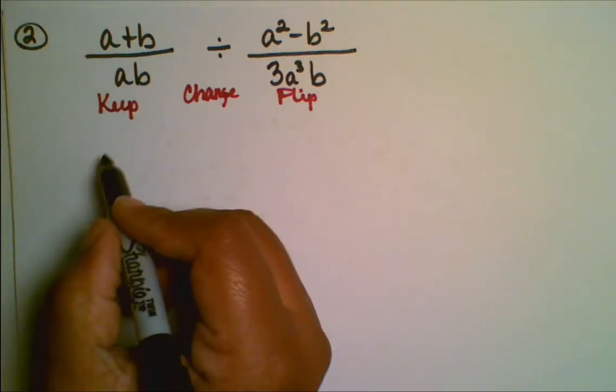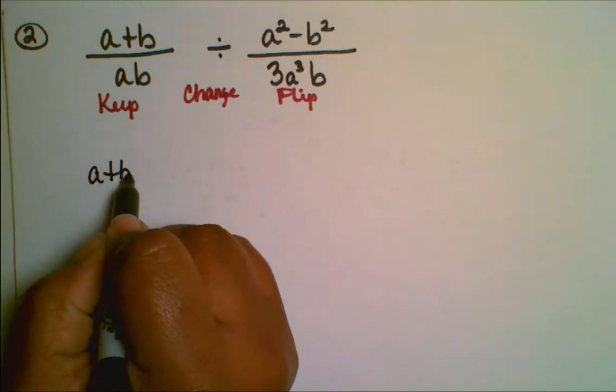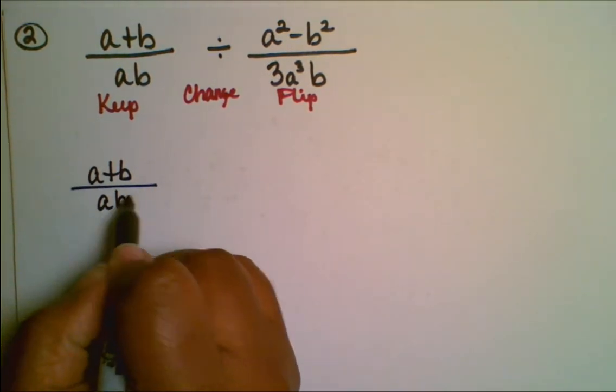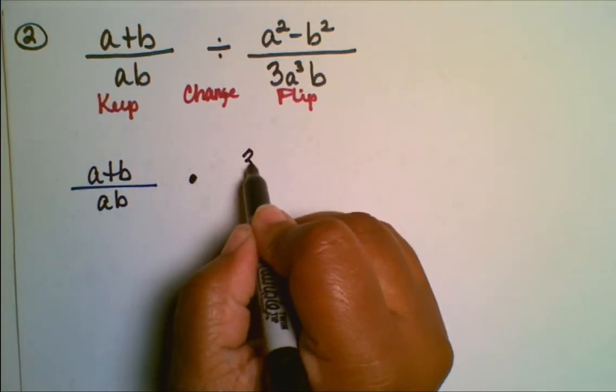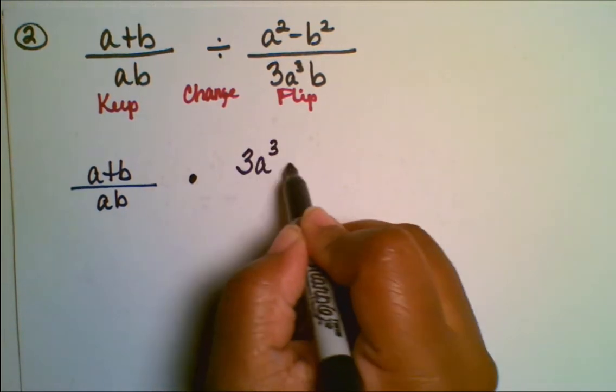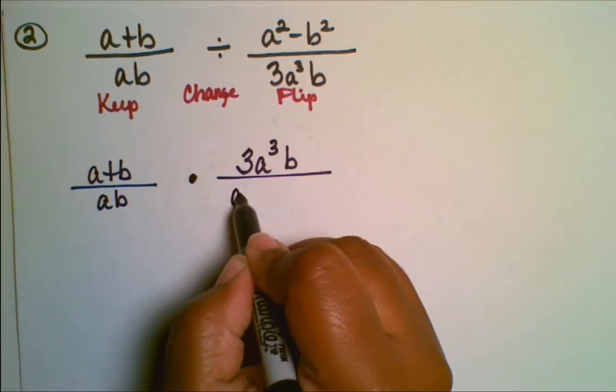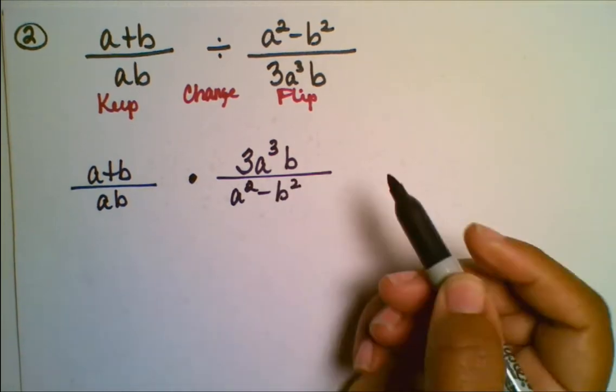Here we go. We have (a plus b) over (ab) times (3a cubed b) over (a squared minus b squared).